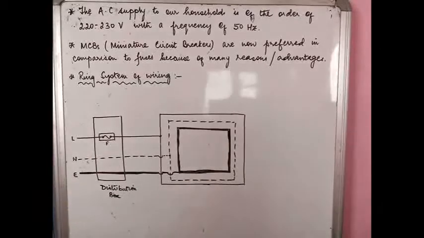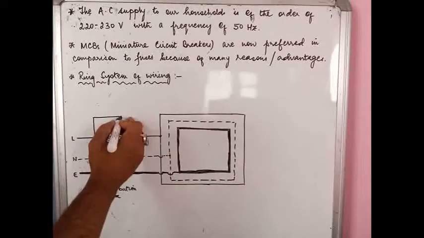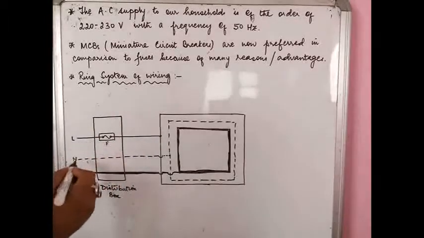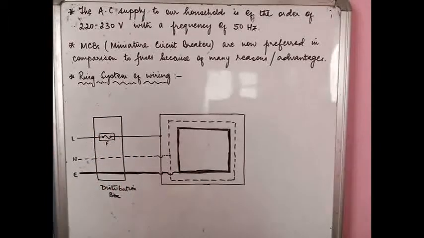Okay, now we are going to study the ring system of wiring which is prevalent in our houses. We'll just have a brief introduction of the ring system of wiring in this particular lecture. Now you can see I have drawn the live and the neutral along with the earth wire with different shades. Live wire is a straight continuous line.